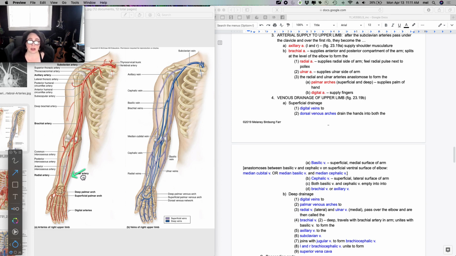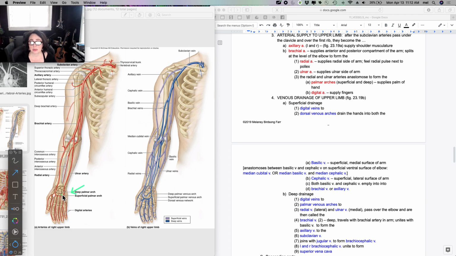And the radial and the ulnar are going to form an anastomosis, 2 anastomoses actually. They're kind of hard to see on a figure, so I don't usually ask them off of a diagram, but basically you've got 2 of these arches. You've got one on the anterior side, called the superficial palmar arch, and one on the posterior side, called the deep palmar arch.